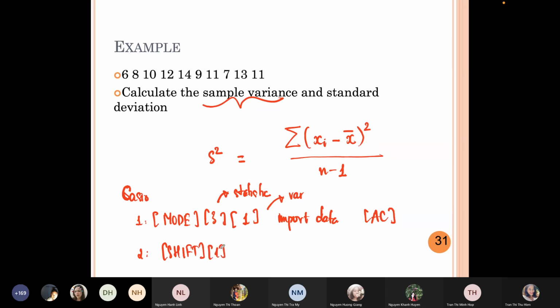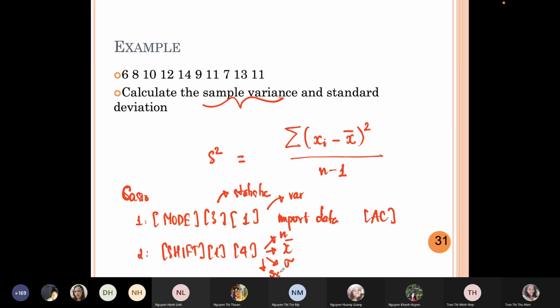When you press Shift 1, you have the observation, the time, and the distribution data and variance. Then choose number 4, variance. Here we have the mean of the sample, the standard deviation of the population, and SH, the standard deviation of the sample.